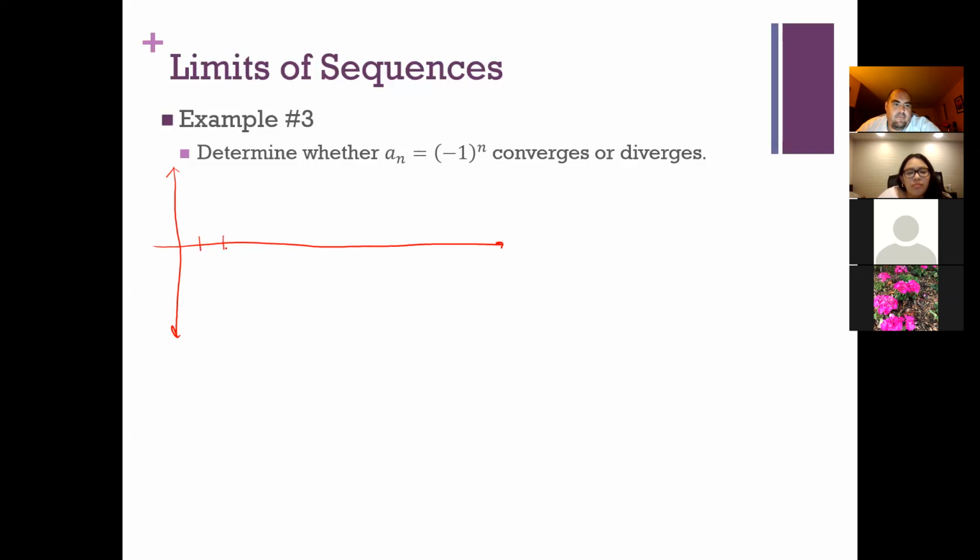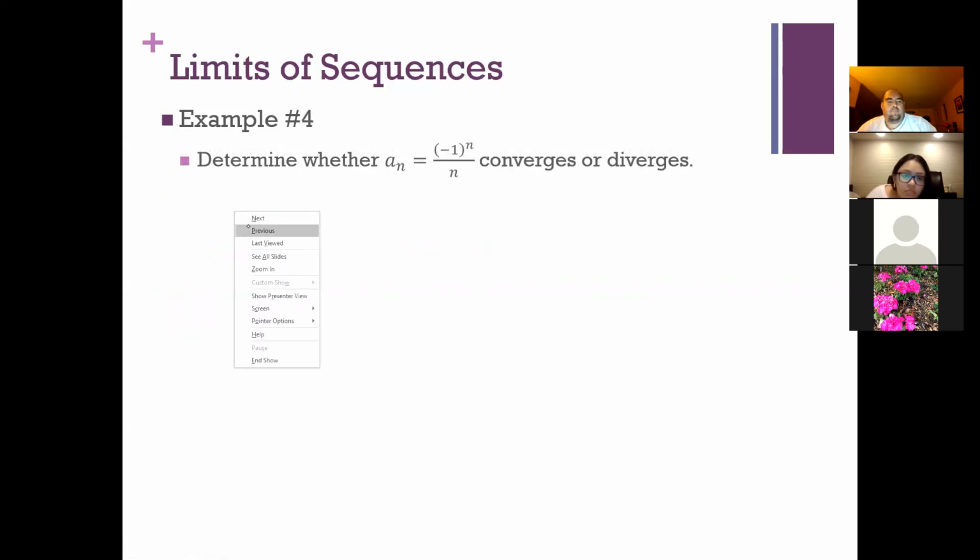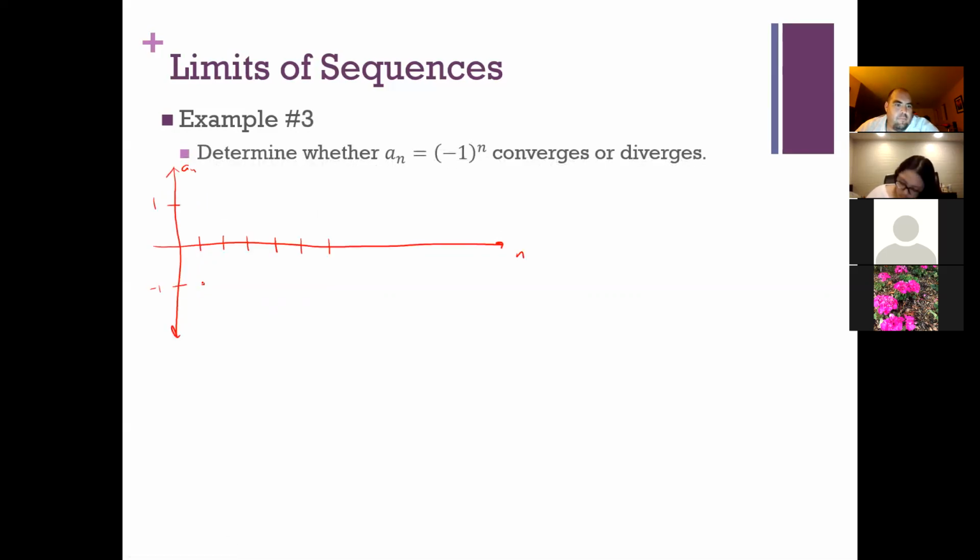So if I draw this, hopefully you can see that if I graph this, the behavior is going to continue forever.